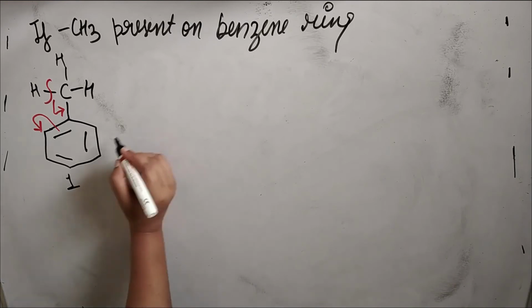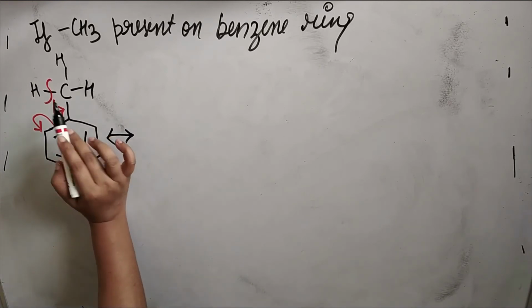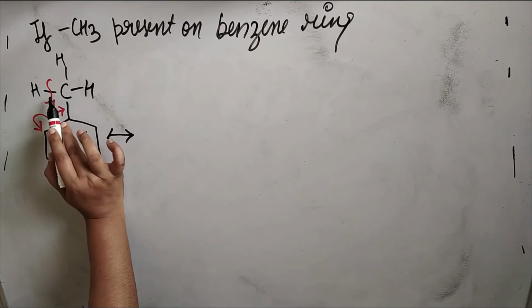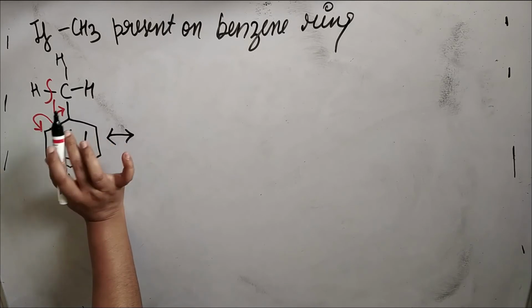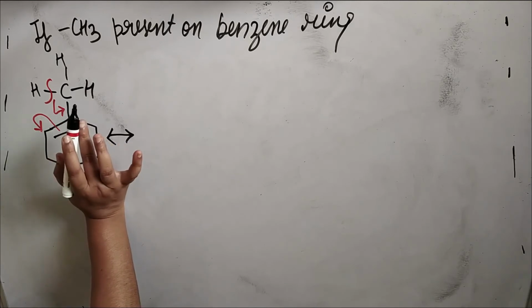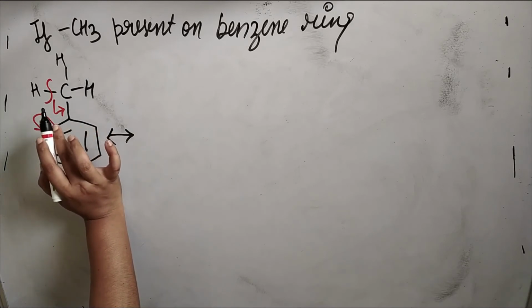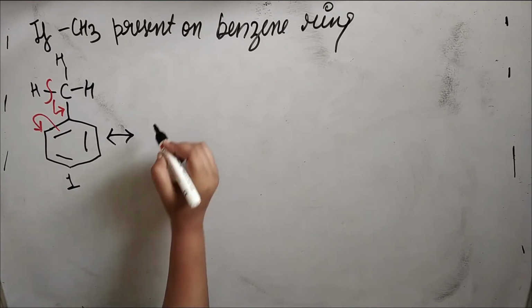So this is our structure 1. In the first case, the bond between carbon and hydrogen breaks and the electrons are utilized by this carbon. Remember one thing, this methyl group does not have a lone pair of electrons, but it utilizes the electrons which are present between the carbon and hydrogen.